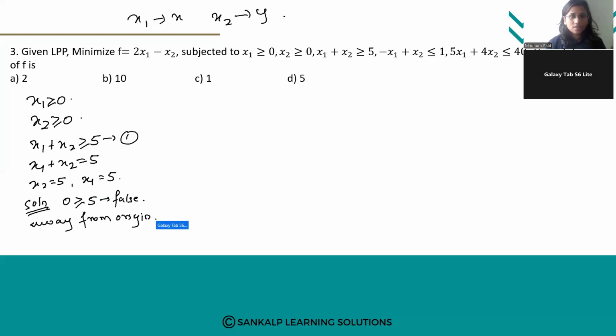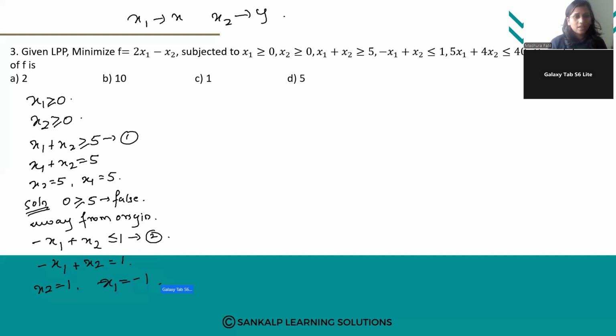Next, similarly, we have the next constraint, minus x1 plus x2 is less than or equal to 1. Let this be the second constraint. Again by the rule we equate it to 1. Once you put x1 as 0, you get x2 as 1, and if you put x2 as 0, you get x1 as minus 1.